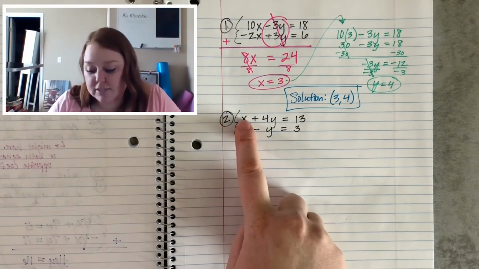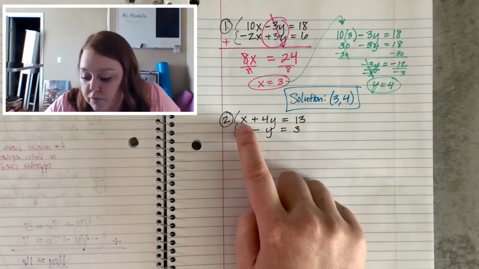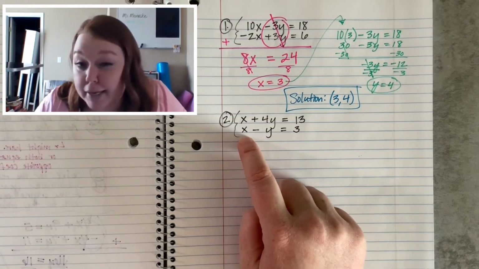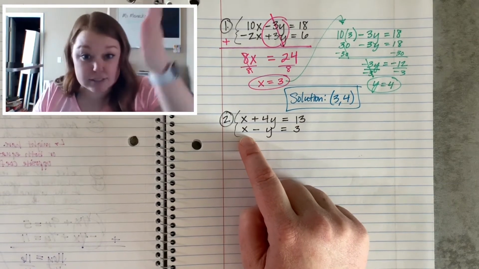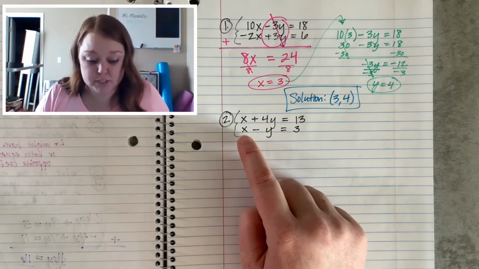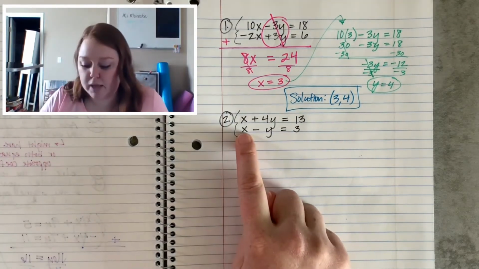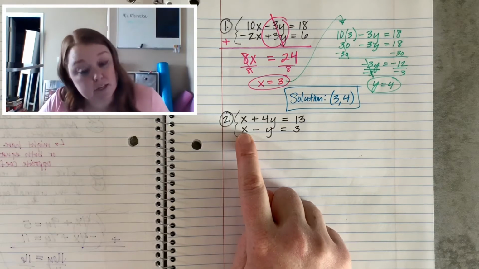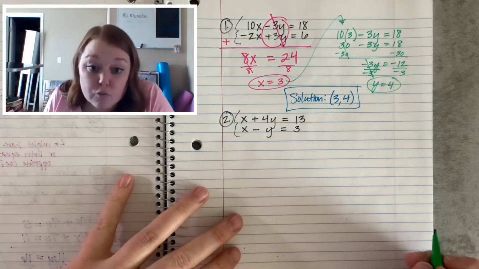For me, I see X and I go, oh, wouldn't it be cool if it was X and negative X? Wouldn't an X and a negative X eliminate? So let's force it to become a negative X. Think about what you would have to multiply that by to make it become negative. Well, you just multiply it by a negative 1.